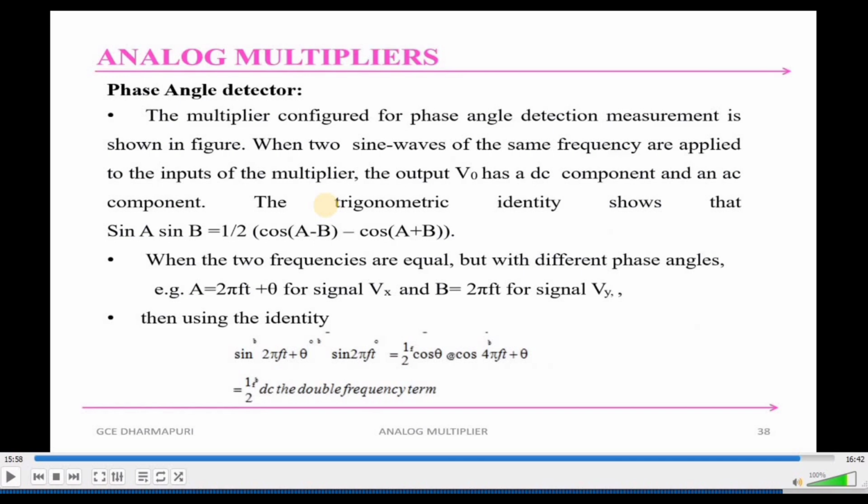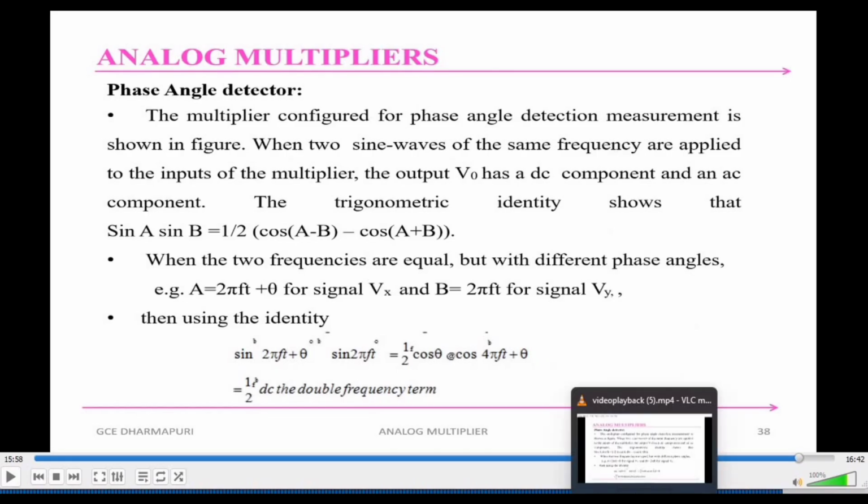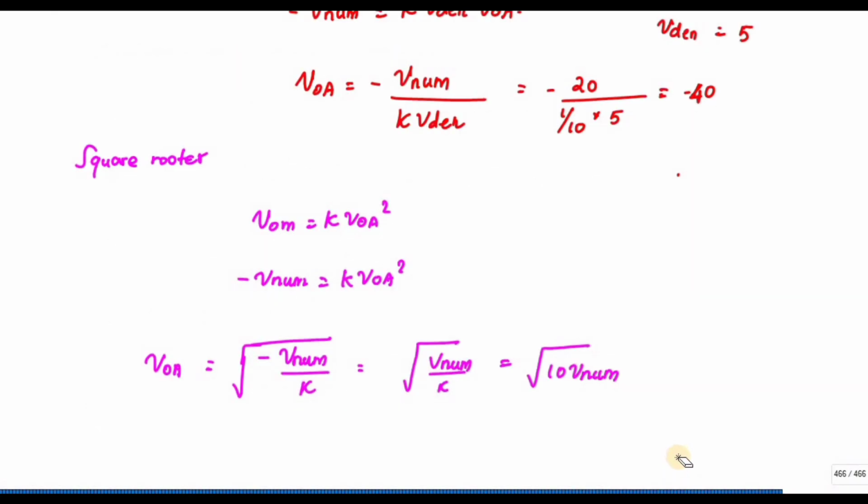Let me give you an example. Here I am going to consider two signals, sine A and sine B, where the A value is 2 pi f t, and the B value is 2 pi f t plus theta.